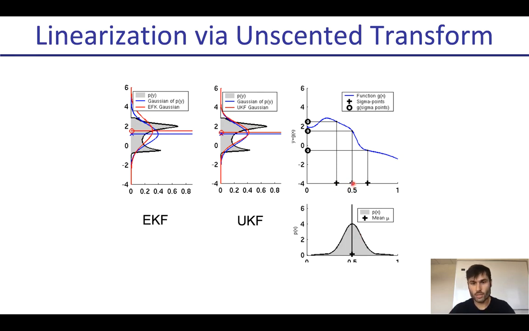Here we sample the mean and 2 points that are a certain distance away from the mean, pass these 3 points through the nonlinearity, evaluating it analytically, and then fit a Gaussian distribution on the image of these 3 points. We see that this procedure results in a more accurate Gaussian distribution than if we were to do extended Kalman filtering.